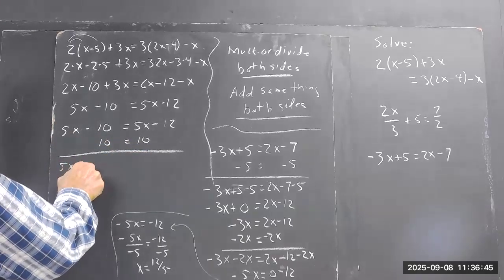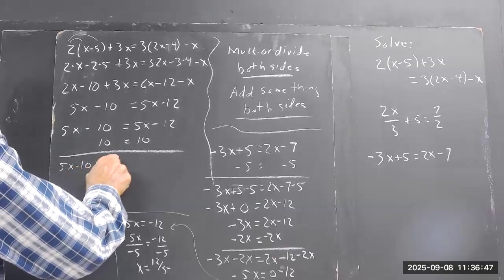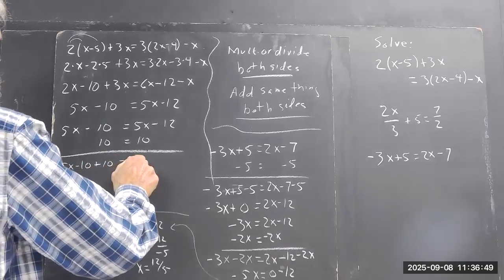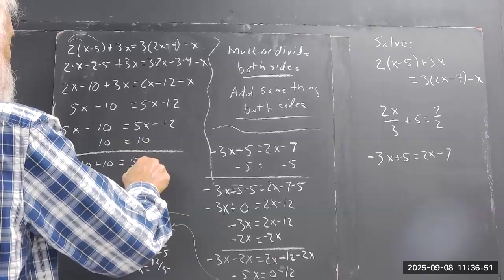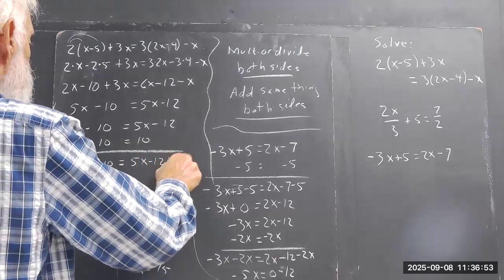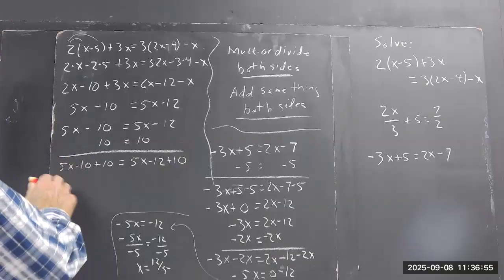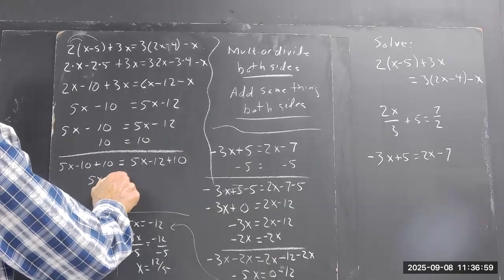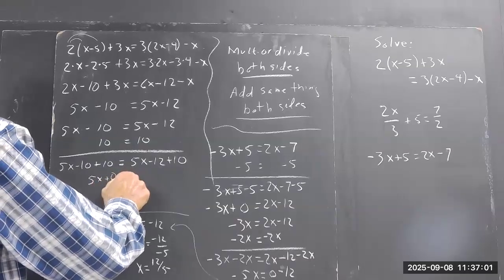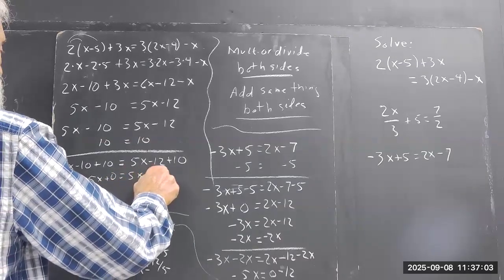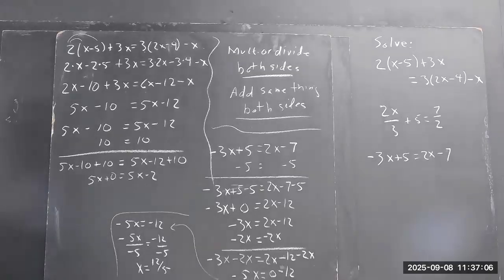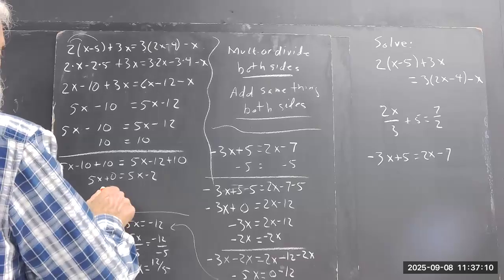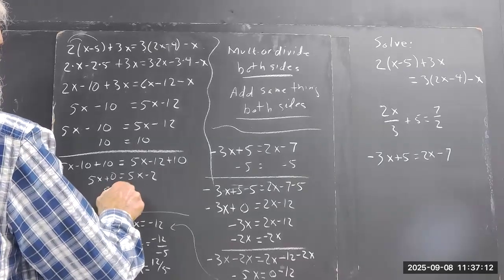We get 5x minus 10 plus 10 equals 5x minus 12 plus 10. And we simplify that. We get 5x plus 0 equals 5x minus 2.